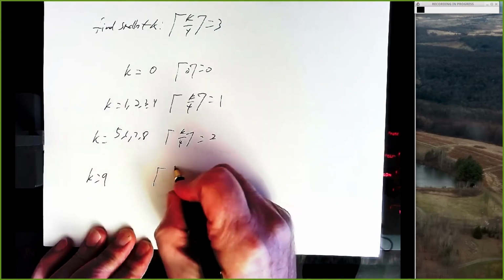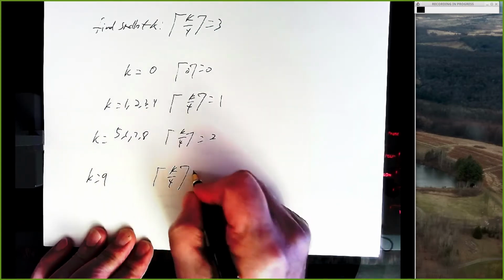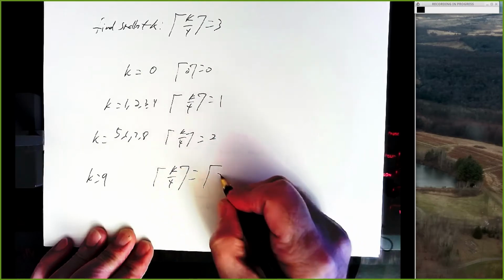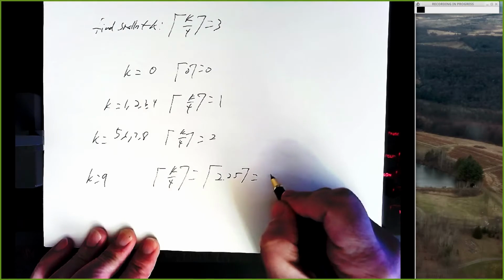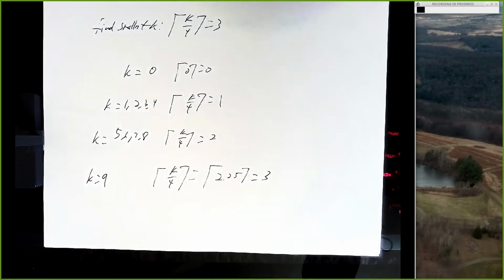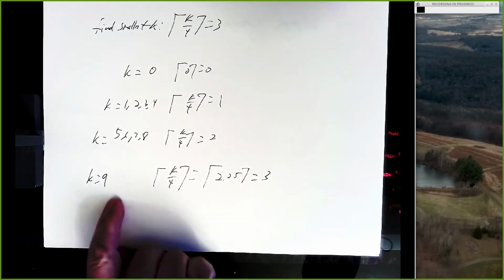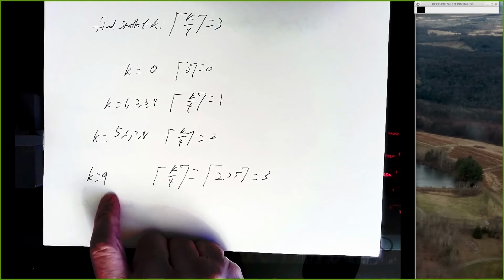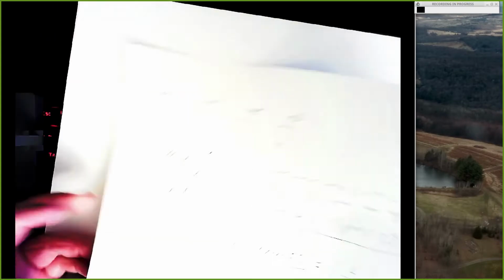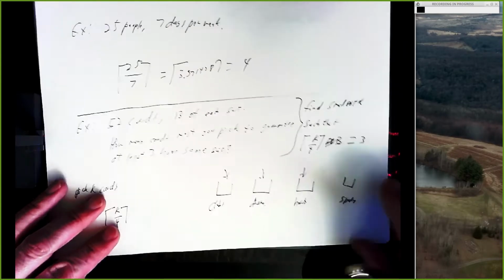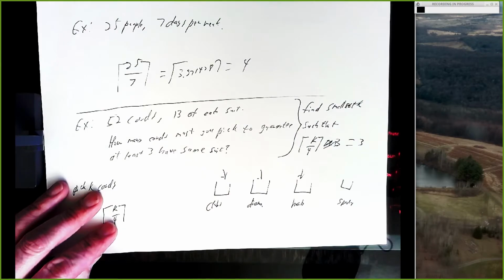If k equals 9, the ceiling of k over 4 is the ceiling of 2.25, the smallest integer bigger than or equal to that, that's 3. And so that's your answer. If you pick 9 cards, you're guaranteed at least one box has 3 objects in it or more. And whatever box that is, the fact that there are 3 cards in that box means those 3 cards have the same suit.